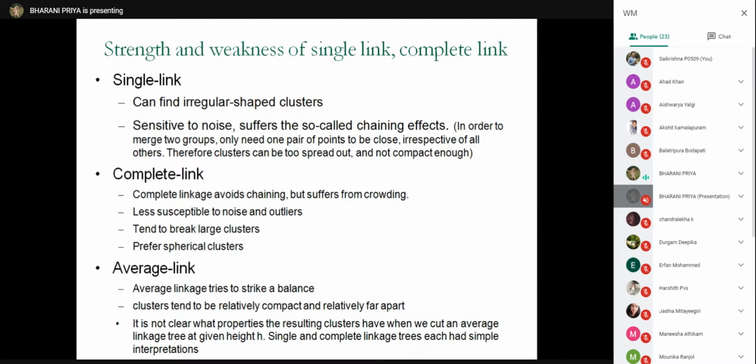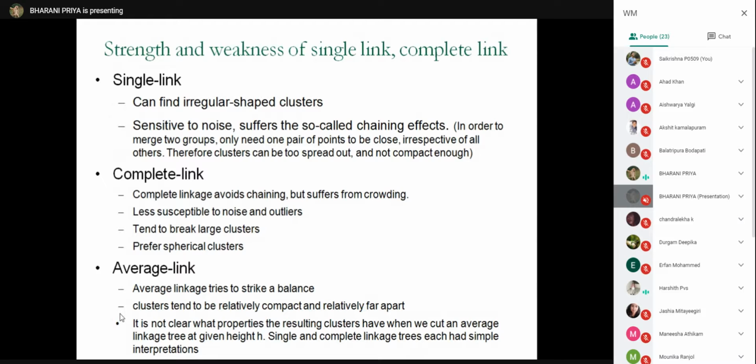And another point is, till now it is not clear whether single link or complete link is better. It is based on which out of single link, complete link, average link. How do you decide which has to be taken? Ma'am, if we are dealing with spherical clusters, we'll obviously go for complete link.